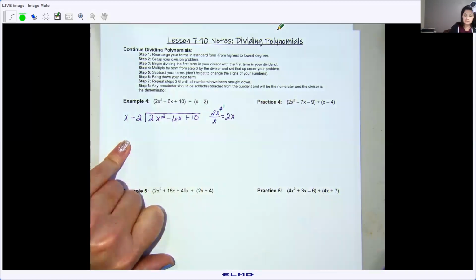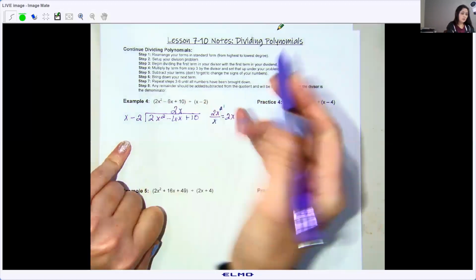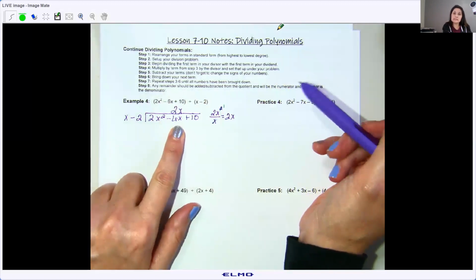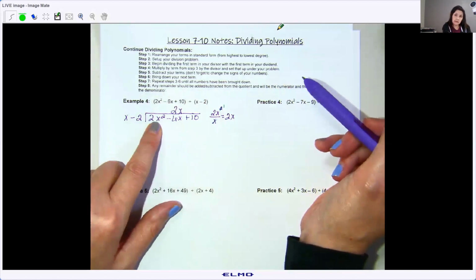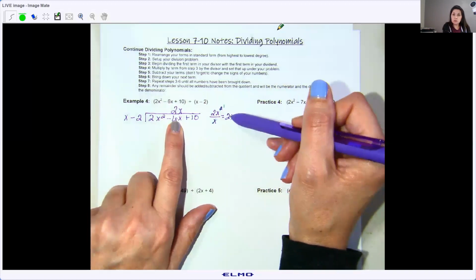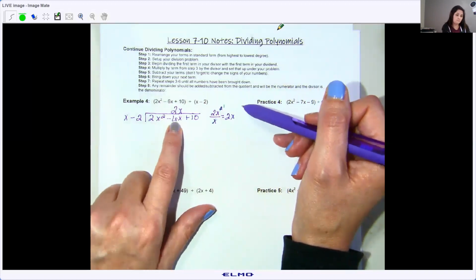So that's 2x. So the 2x goes up here. Now, when you place your 2x, you're going to put it above the term that has the same number of variables. Okay, this has 2 x's, x squared. This has 1. Since our answer was 2x with just 1 variable, it goes above that term with 1 variable.